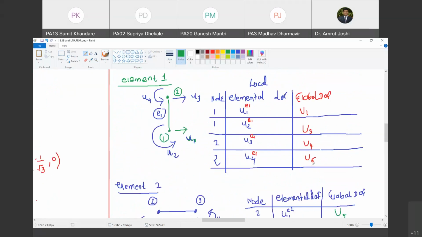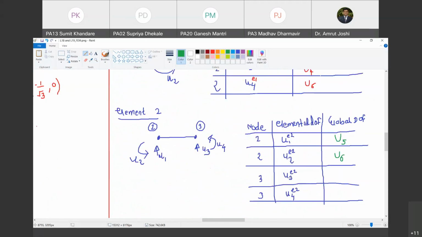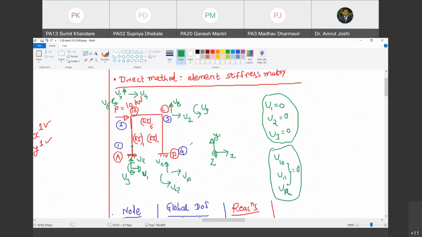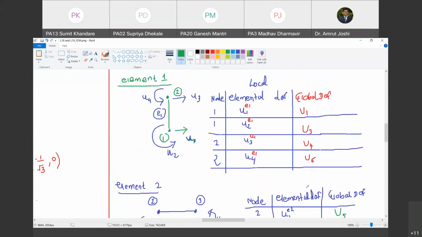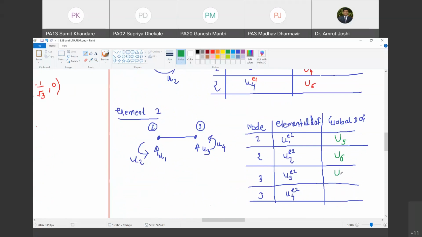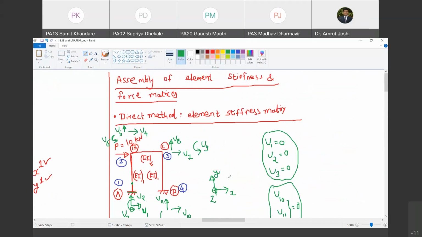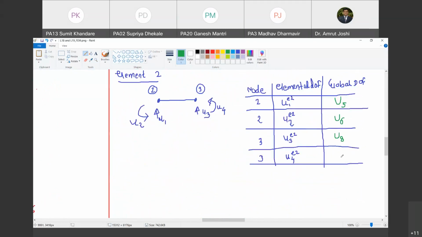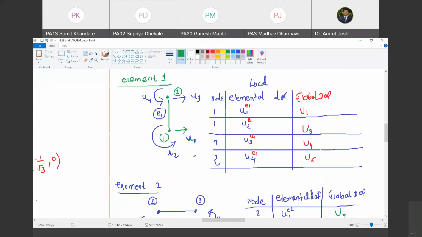Rotational degree of freedom, so that's correct. It maps to U6. What about this? U3 maps to U8, and U4 maps to U9. Are you with me? Yes, sir.